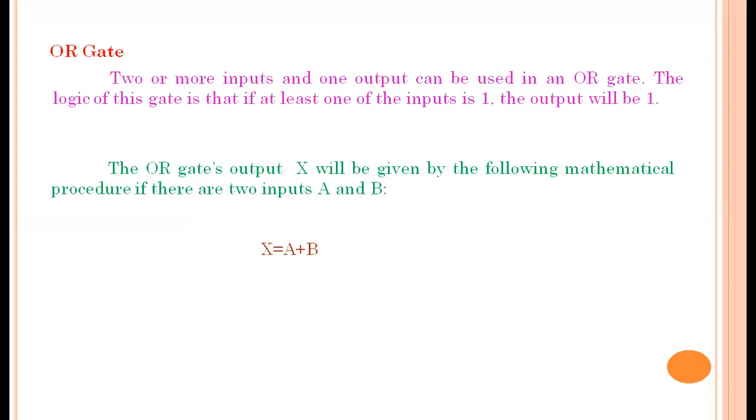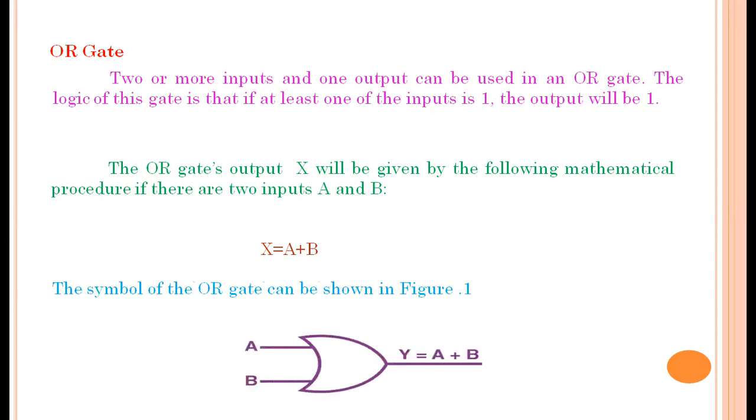If there are three inputs, the output X is equal to A plus B plus C. In this manner, we can sum any number of inputs. The symbol of this OR gate is shown here, where there are two inputs A and B, and the output Y is equal to A plus B.